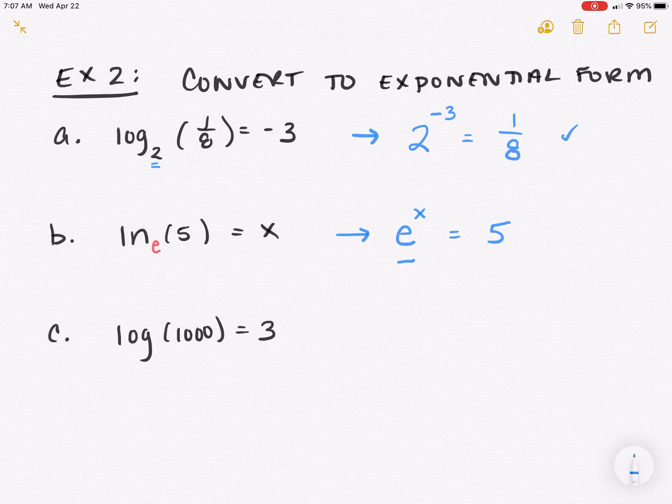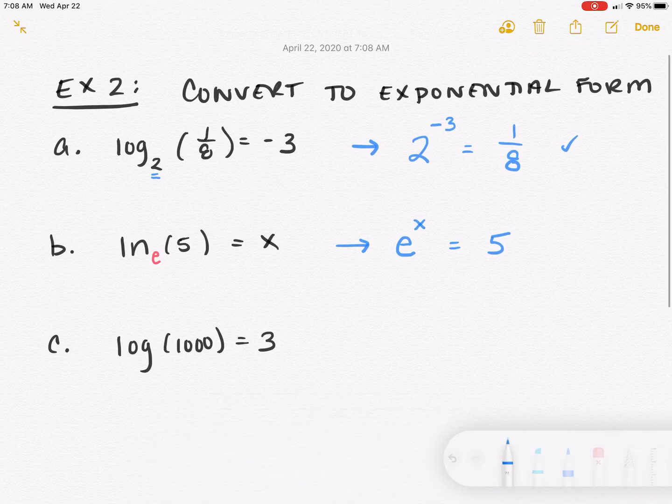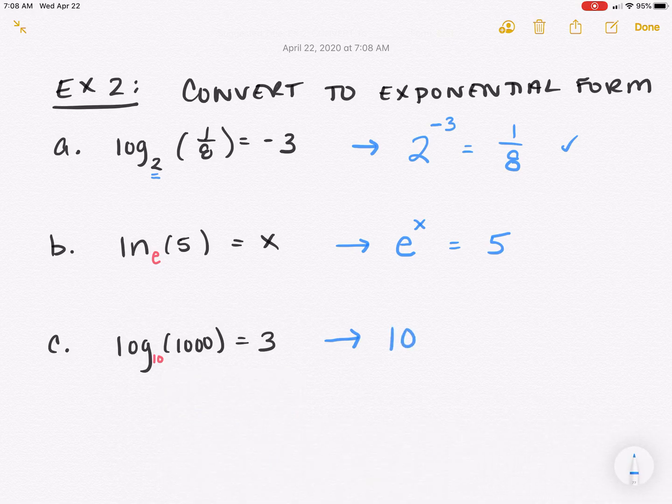And we're going to leave it just like that. Okay? Last one. When I convert this, again, when I don't see the base of a common log, it's assumed to be base 10. And so when I convert this, it's going to be base 10 to the 3rd power equals 1,000, which again, I can tell is true.